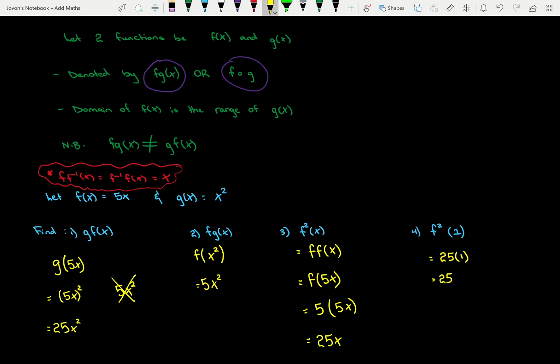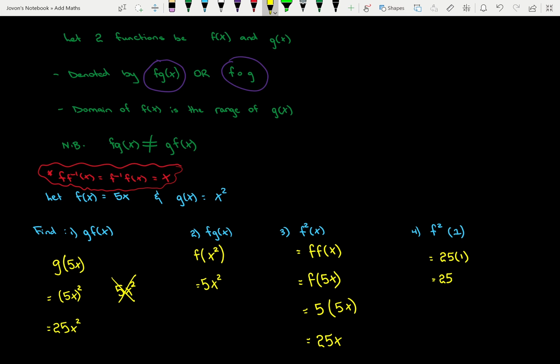Again, remember, functions can be denoted by f of x, g of x, or less commonly h of x. It is not commutative, so f of g of x is not equal to g of f of x. And again, f inverse of f of x is equal to x. So let's say I have a function f of x, and I find that f g of x is equal to x.